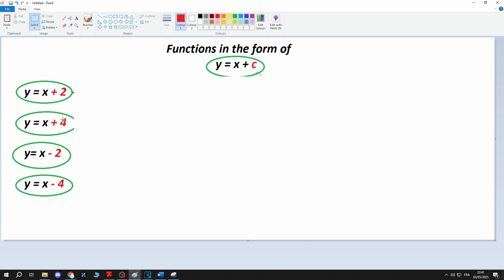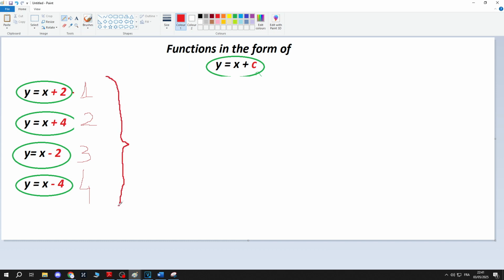What I mean by this is, c here can change depending on what your function is. For this case, for example 1, c is 2. For example 2, c is 4. Example 3, c is negative 2. And for example 4, c is negative 4. But what do they all have in common? Or how can we describe what they all have in common?